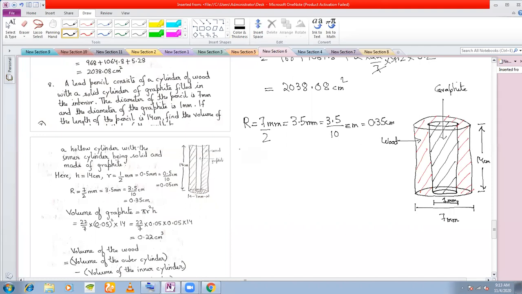This is your outer radius. What about the inner radius? It is 0.05 centimeters.